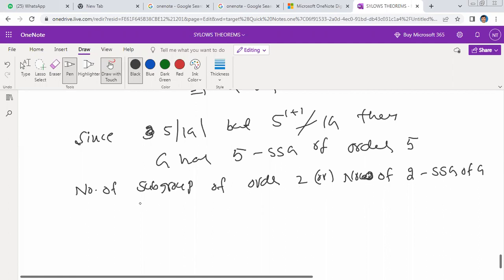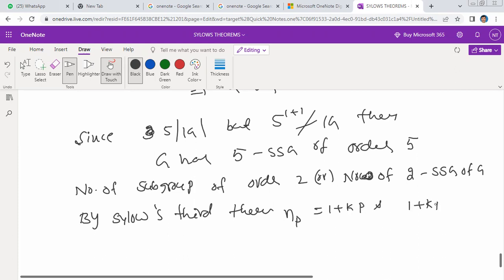For that, by Sylow's third theorem, what can we write? Our formula: NP is equal to 1 plus Kp, and 1 plus Kp divides the order of G, where K is equal to 0, 1, 2, 3, these are integers, right?